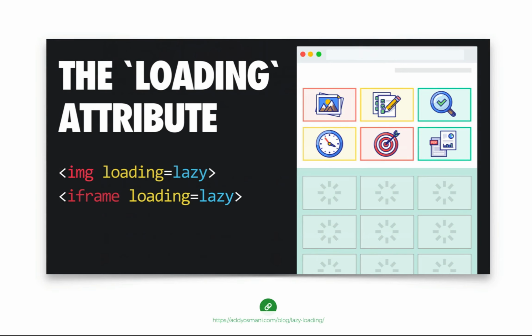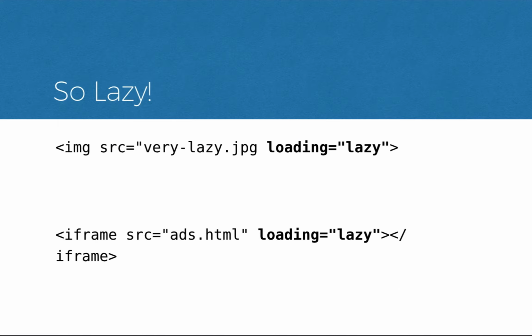But more recently, browsers have gained support for doing this natively. So you don't actually have to use JavaScript to do it. And you do that by using the new loading attribute. So you can use this on images and on iframes. Image loading equals lazy or iframe loading equals lazy will cause the browser to assess whether an image is in the viewport before it loads it.